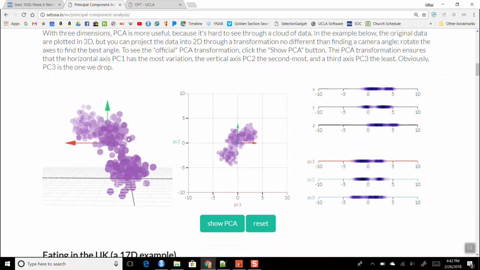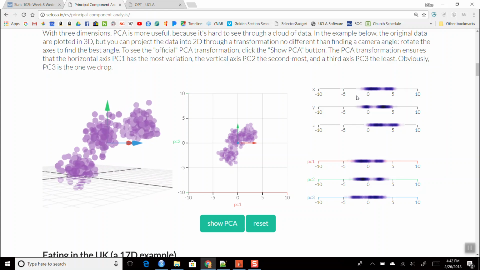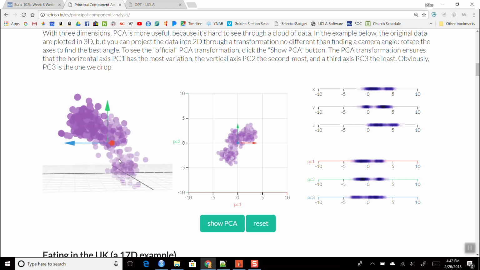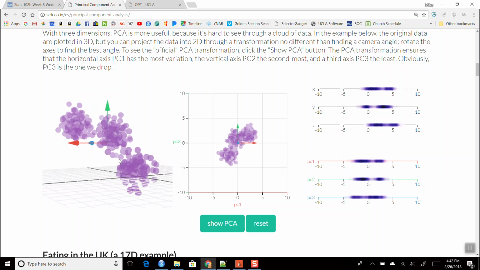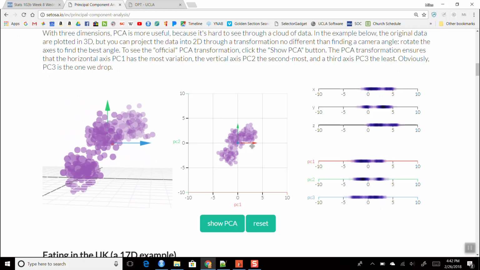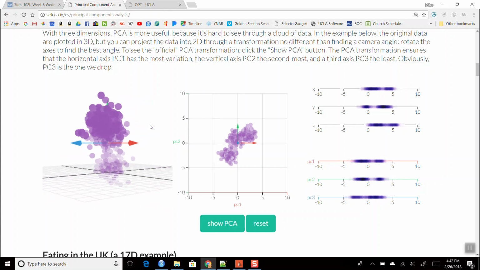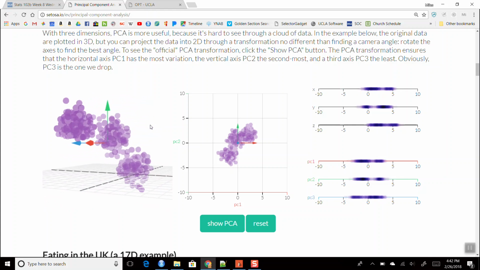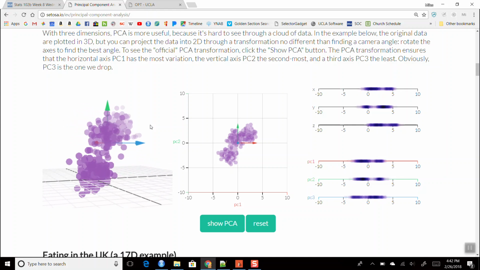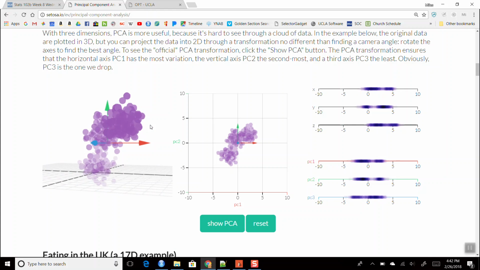And here we are, so this is the cloud of data points in the X, Y, and Z. And when I click Show PCA, it's going to reorient the axes for X, Y, and Z such that the red arrow will point in the direction that captures the most amount of variation. Then the green arrow will point in the direction that captures the second most amount of variation, and then finally the blue arrow will capture the direction that has the least amount of variation.